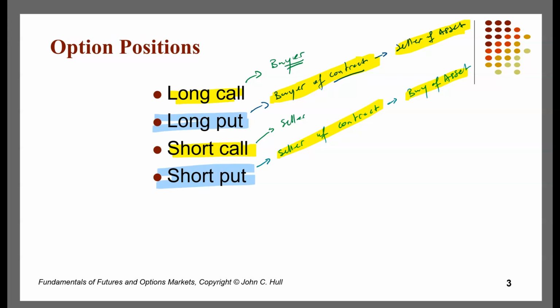So the long call is the buyer of the contract and the buyer of the asset. The short call is the writer of the contract, and if the long call wants to exercise the option, the short call would also be the seller of the asset.